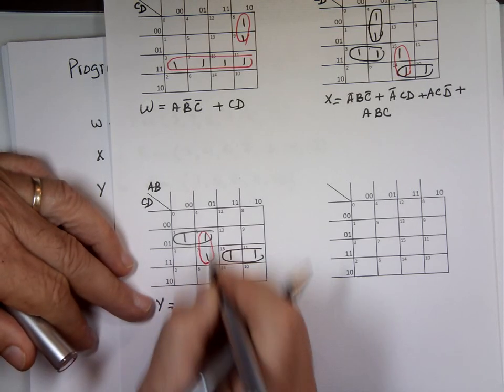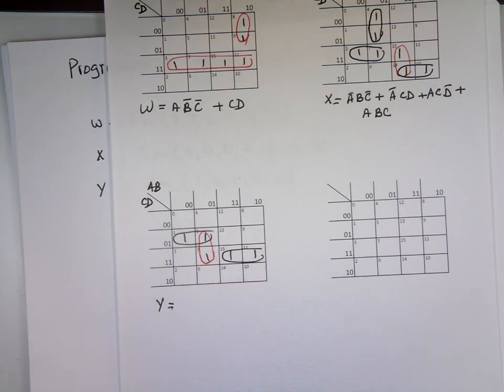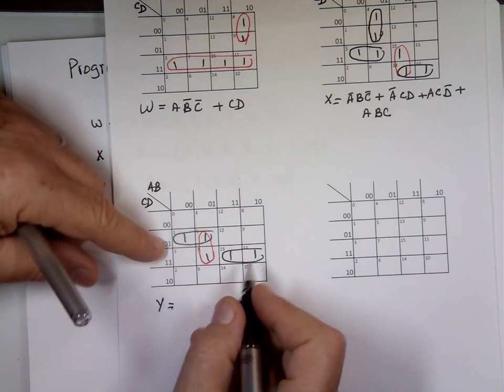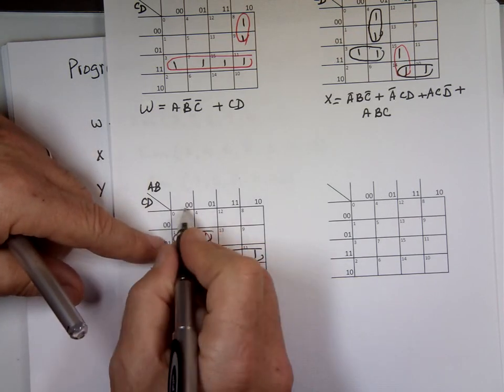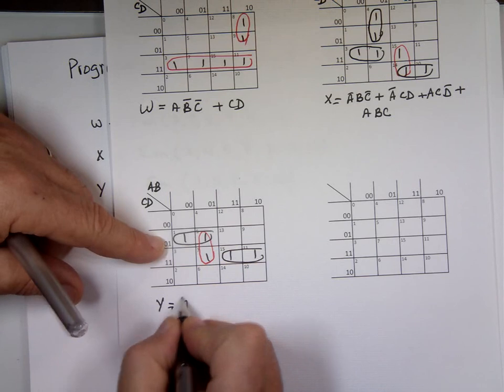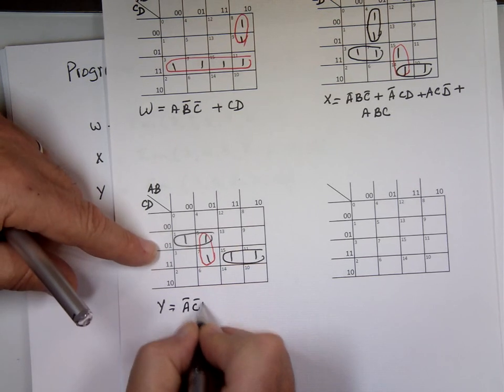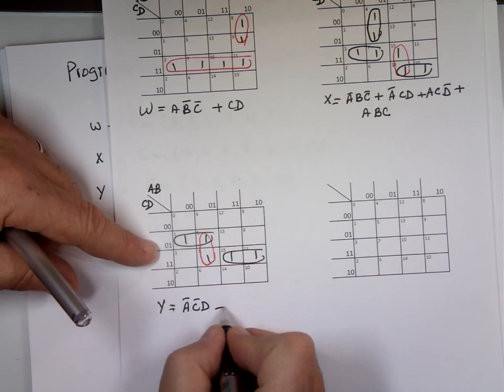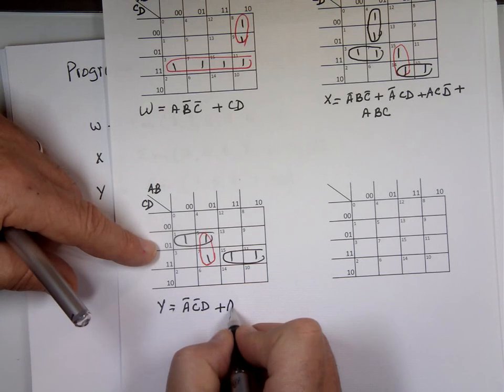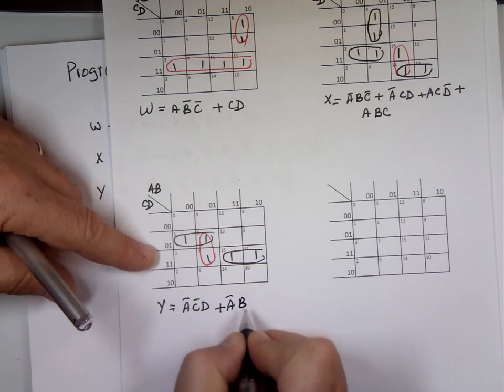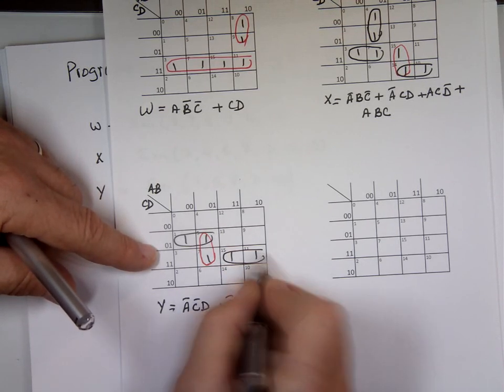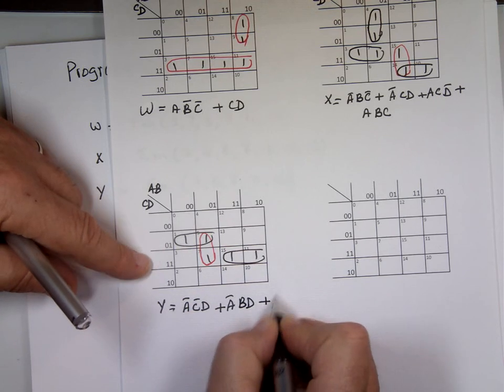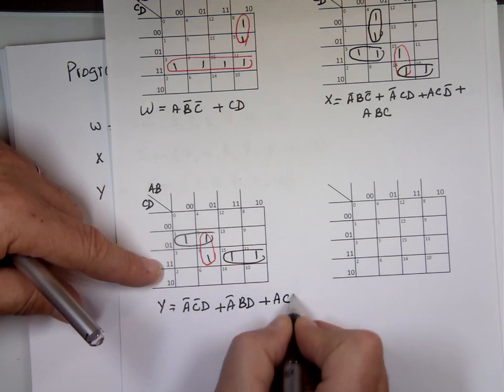No reason why I chose this over that one. Can't give you a reason, because I don't have any good reason. This is A bar, C bar, D. Up and down. The red one, A bar B, D, and the last black one here is what? A, C, D.